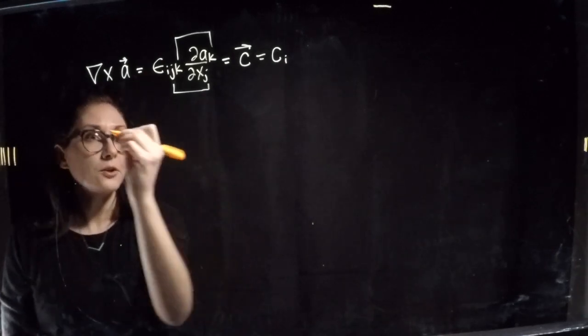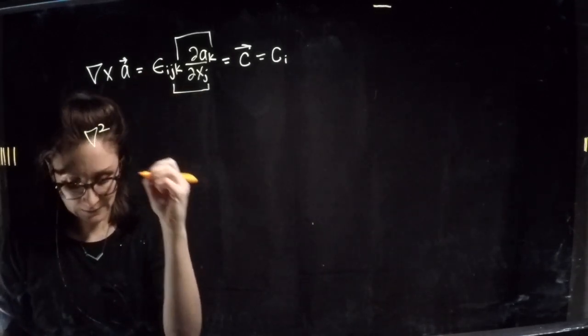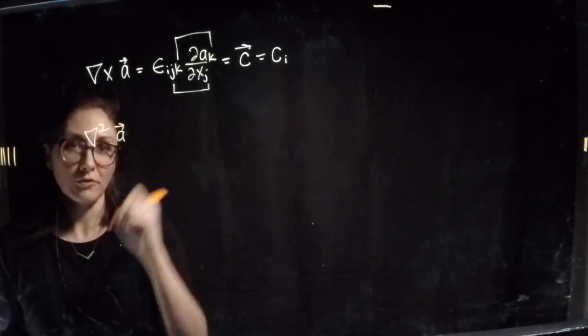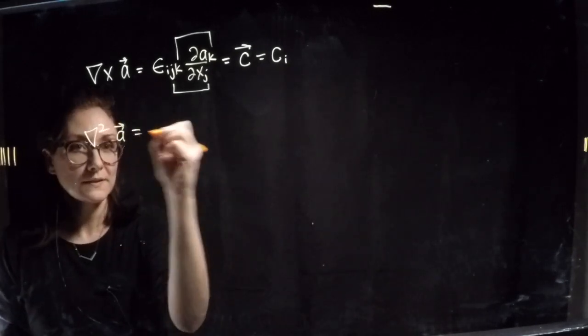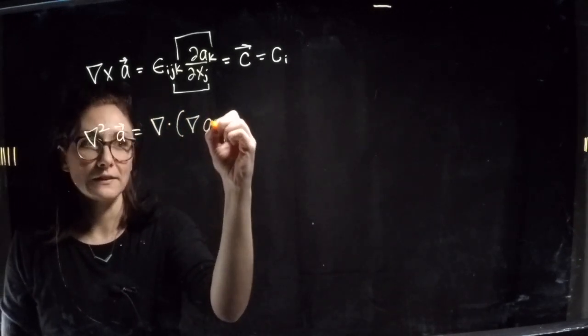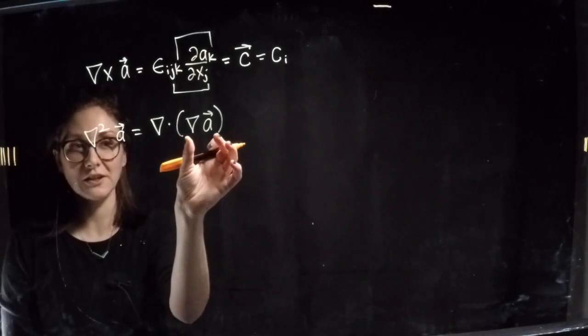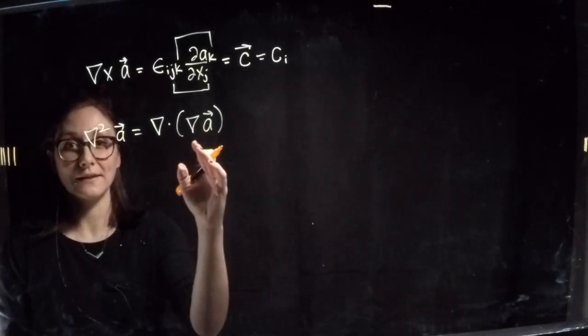The last operator that I have is the Laplacian, and we'll say of a vector here, where this can be written as the divergence of the gradient of A. So with this operation, we're taking A and we're adding an index to it.